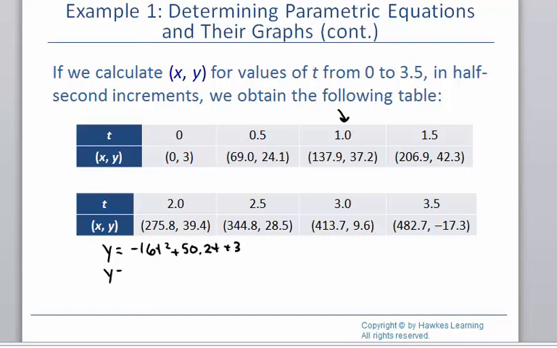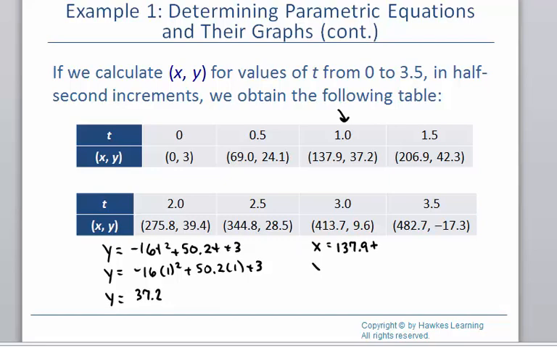What I'm going to do is plug in a 1 everywhere there's a t. And if I do that and type that into my calculator, I'm going to get for my y value 37.2.